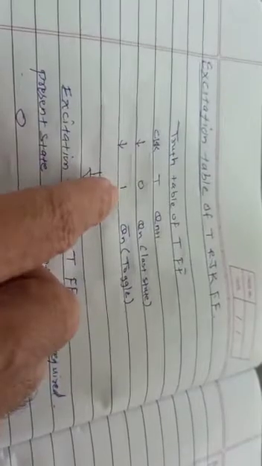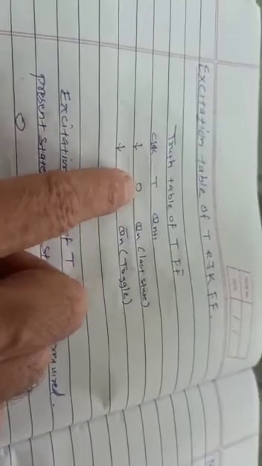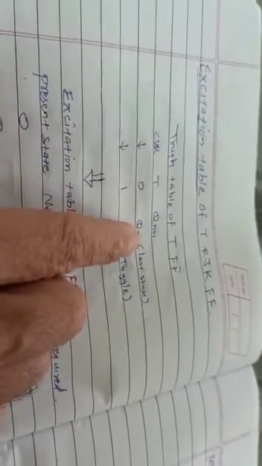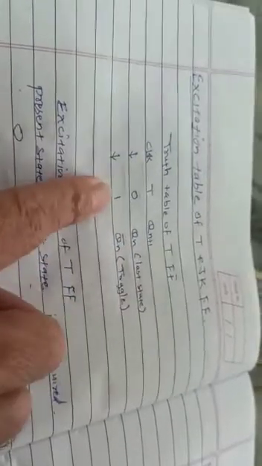I am assuming here the T flip-flop is negative edge triggered. So when input is 0, it remains in the last state. When input is 1, it toggles. It toggles means if its output is 0, it becomes 1. If its output is 1, it becomes 0.